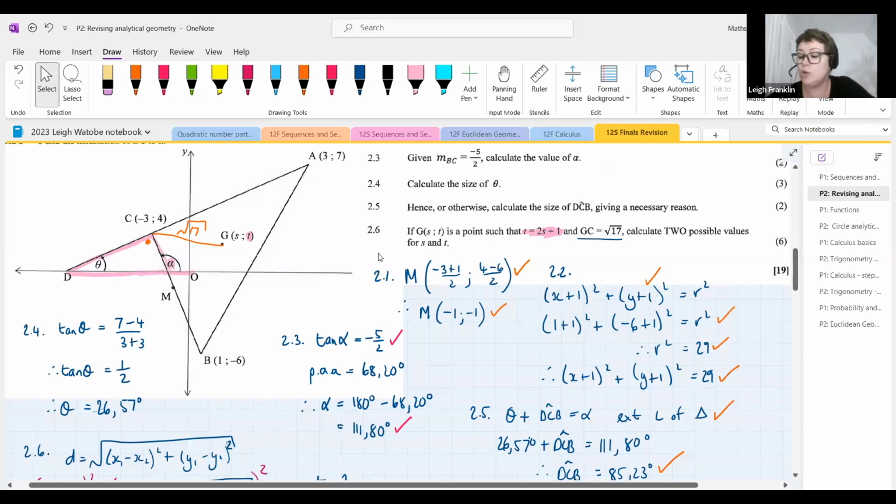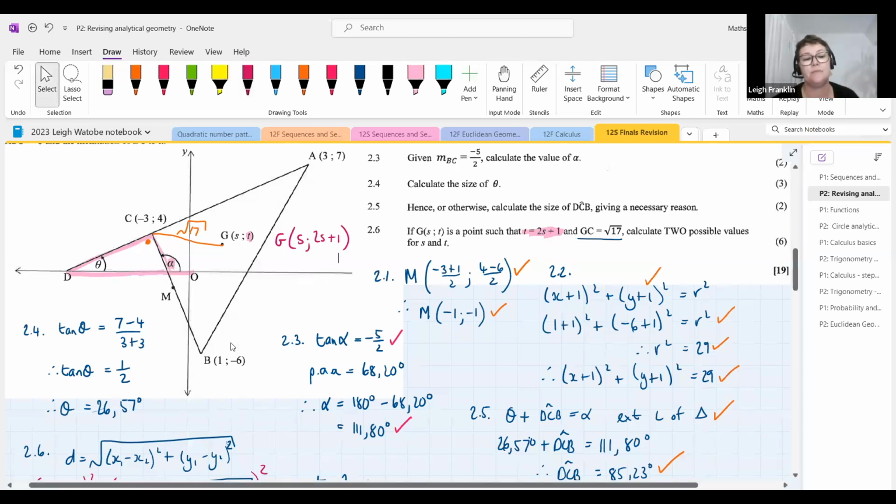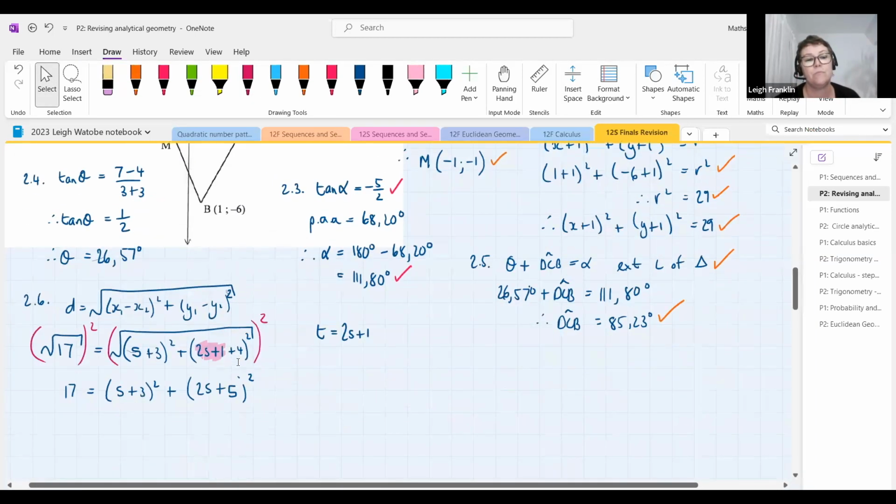Oh, in question 2.6. Okay. Yes, so what I'm doing is I'm saying my coordinates at G are now S and 2S plus 1. Those are my coordinates at G. And then I'm subbing into distance formula using my coordinates in terms of S. Okay, thank you, ma'am. It's a pleasure, no problem.